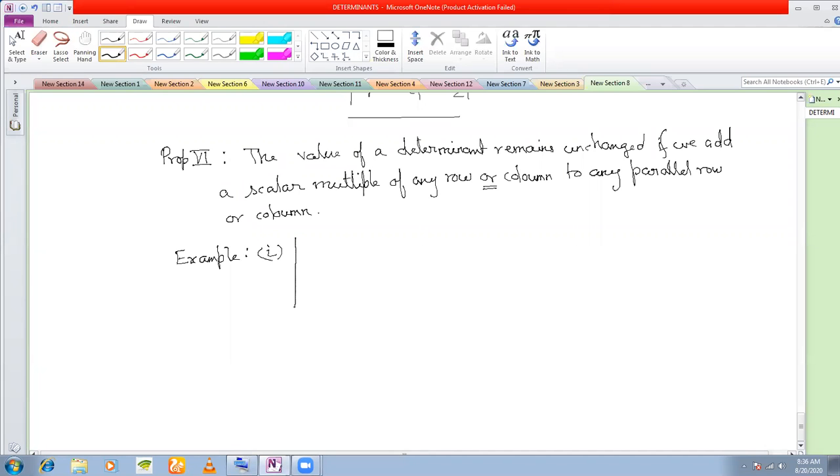Let us say I have this determinant. Understood? Now, this property states that the value of a determinant remains unchanged if we add the scalar multiple of any row.